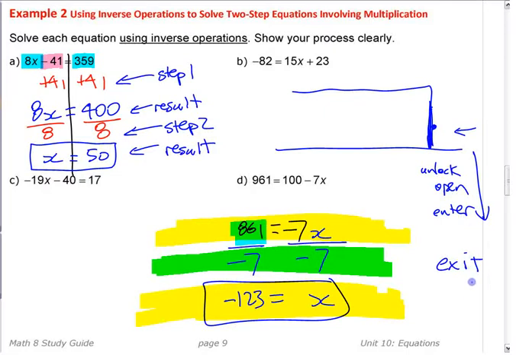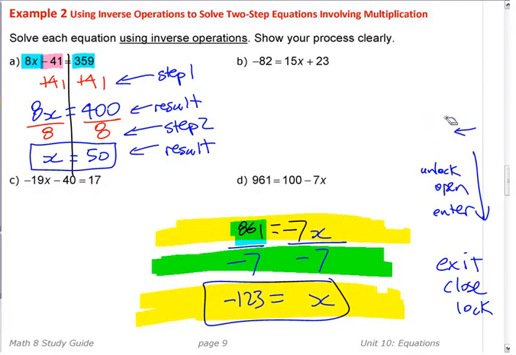I have to exit. I have to close the door. And then lock it, right? You have to do the opposite operations, the inverse. These three things are the inverses of these three things, but in the reverse order. So when we're undoing these things, we have to undo them in the reverse order.